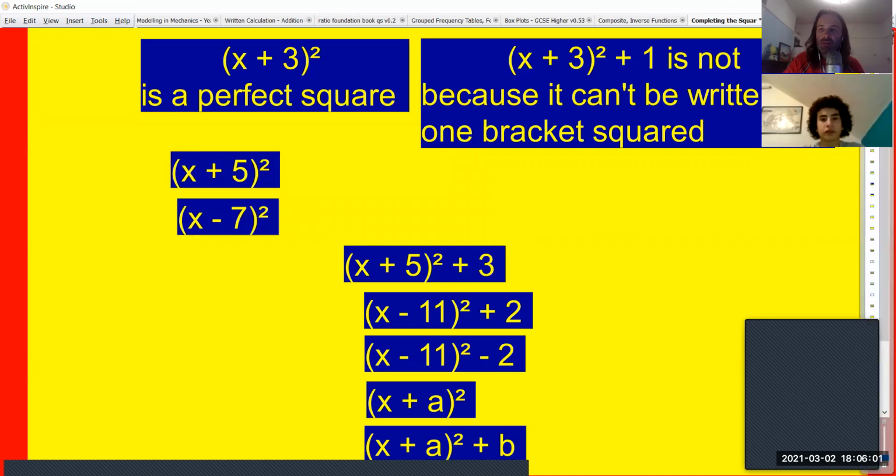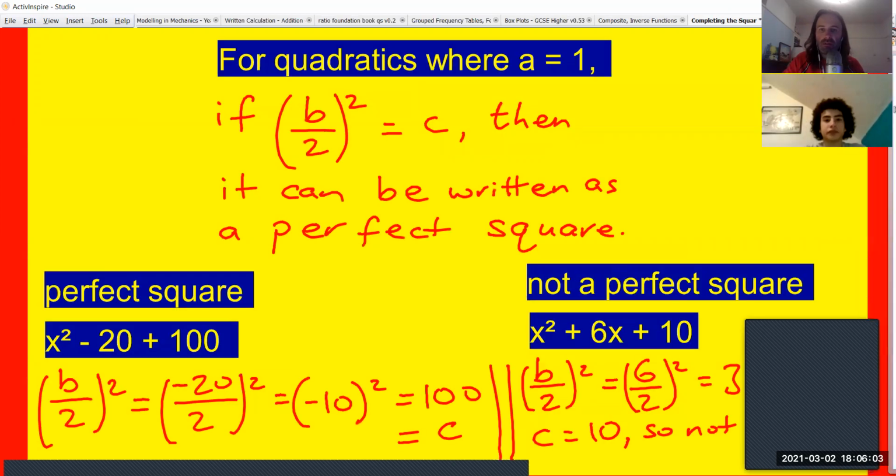If b over 2 squared is c, then it will be a perfect square. So this one down here, minus 20 over 2 squared gives you 100, which is c, and so that is a perfect square. This one, half of 6 is 3. 3 squared is 9, but c is 10, so that won't make a perfect square.